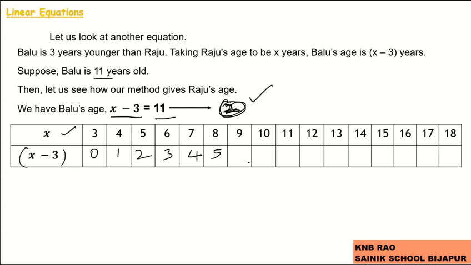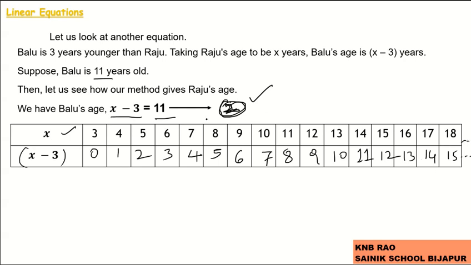Similarly, x as 9 gives 6, x as 10 gives 7, x as 11 gives 8, 12 minus 3 is 9, 13 minus 3 is 10, 14 minus 3 is 11, 15 minus 3 is 12, 16 minus 3 is 13, 17 minus 3 is 14, 18 minus 3 is 15, and this continues as x values continue.